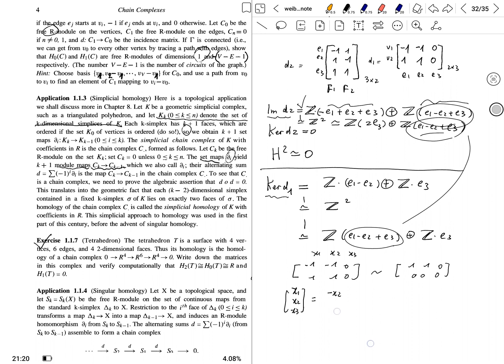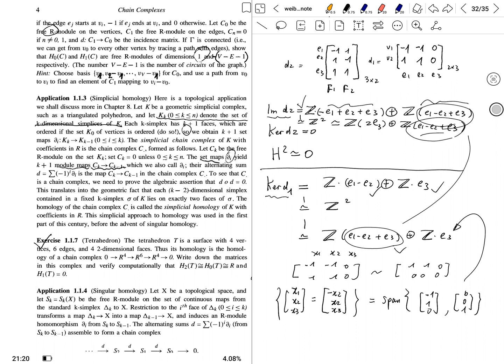So this is the integral span of (-1, 1, 0) and (0, 0, 1), which corresponds to E3 and E2 minus E1.